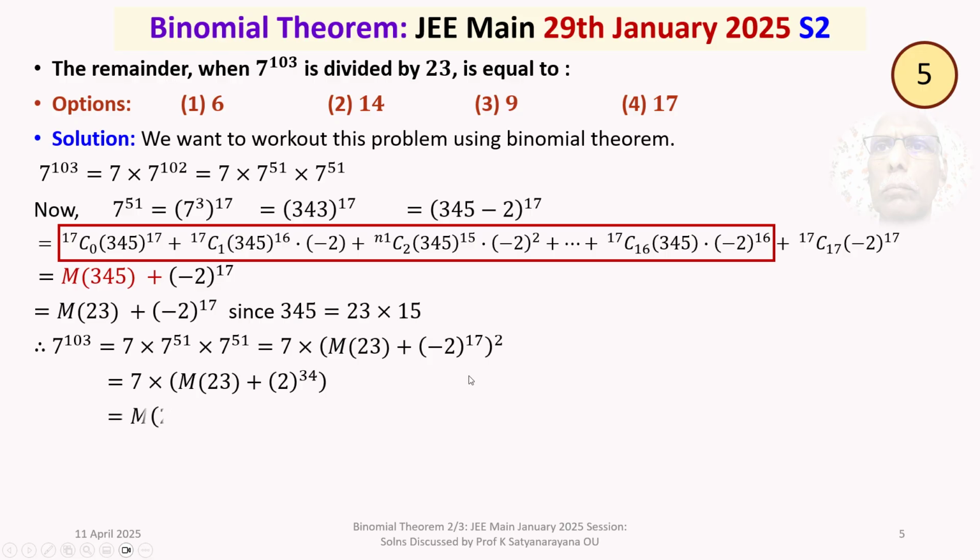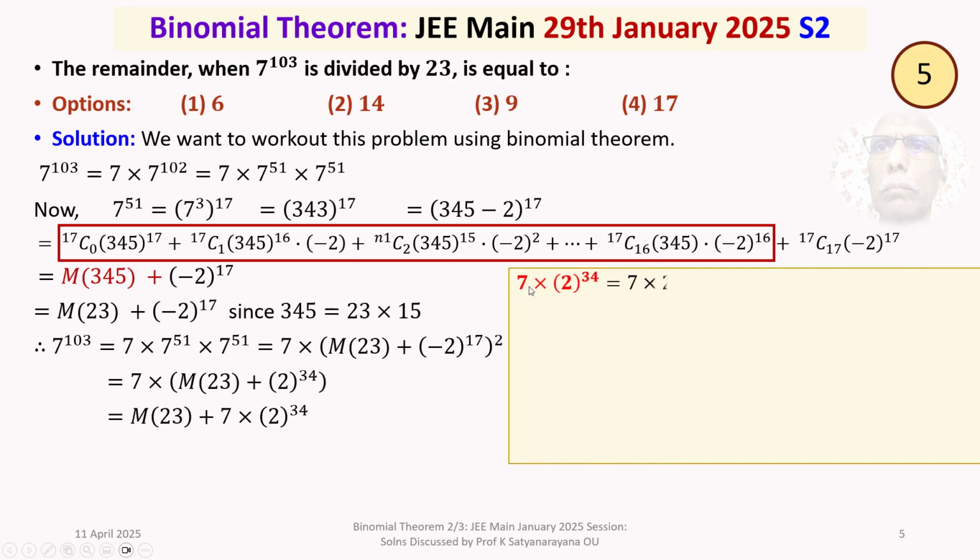Agreed. Now this is 7 times a multiple of 23 plus 7 into 2 to the power of 34. So you are clubbing everything into some multiple of 23. Now take this 2 to the power of 34 and write it in a similar manner. So 7 into 2 to the power of 34 is 7 into 2 squared into 2 to the power of 32.